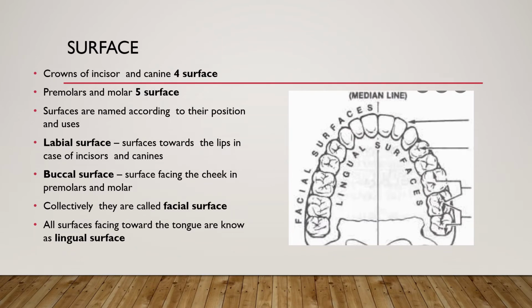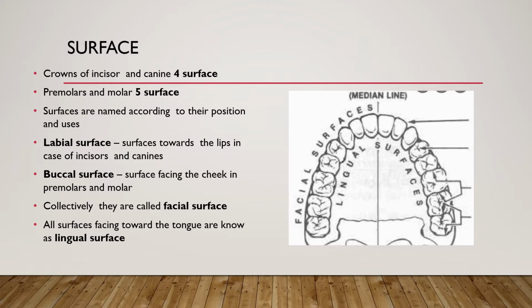Now, after finding out the position of teeth in the oral cavity, that is whether the tooth is present anteriorly or posteriorly, let's talk about the surfaces of a tooth. Incisors and canines have four surfaces, while premolars and molars have five surfaces.